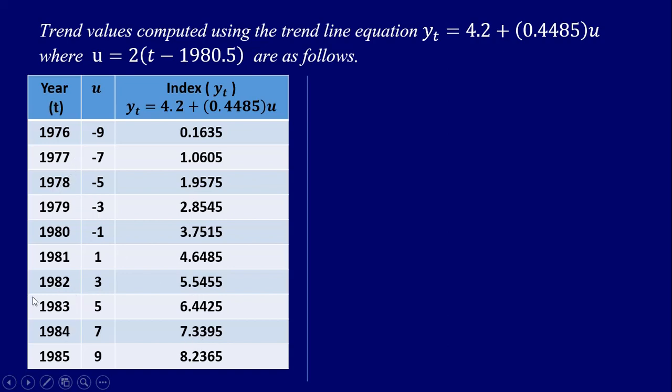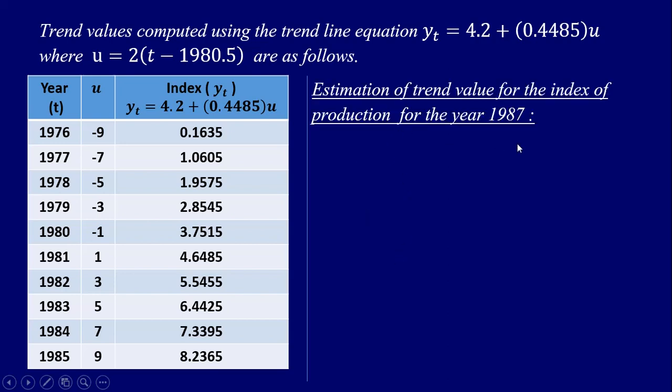Okay, now we want to find the trend value for the year 1987. Same here, in place of t we substitute 1987, we calculate u, and we use that value of u in the equation of the trend line to get the index y for that particular year 1987.